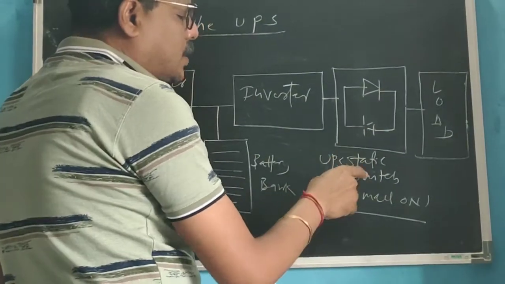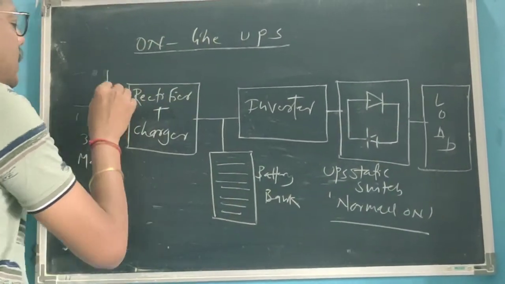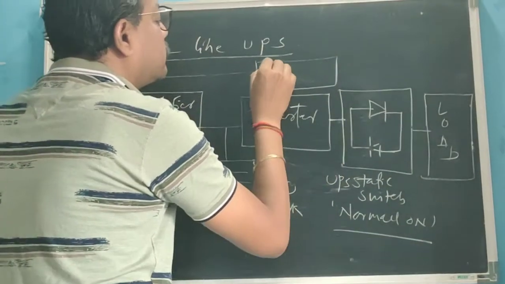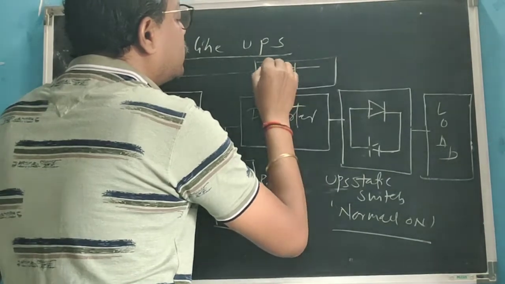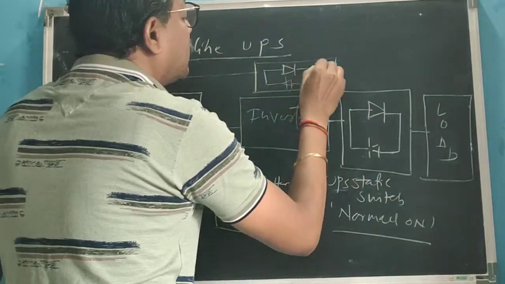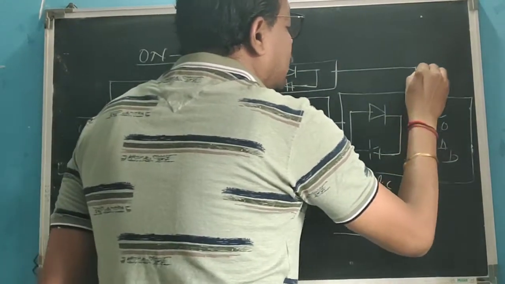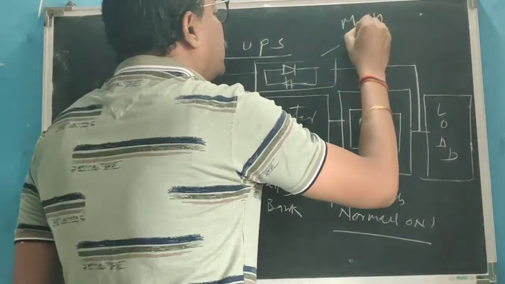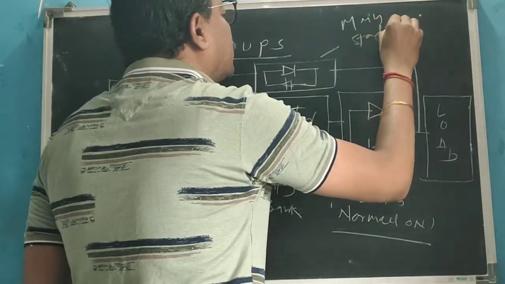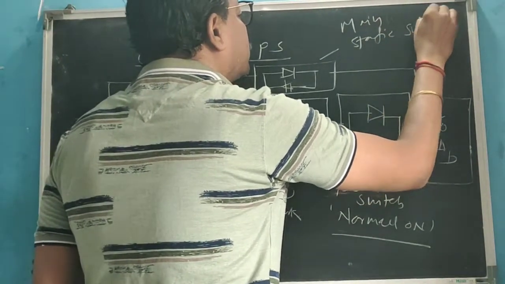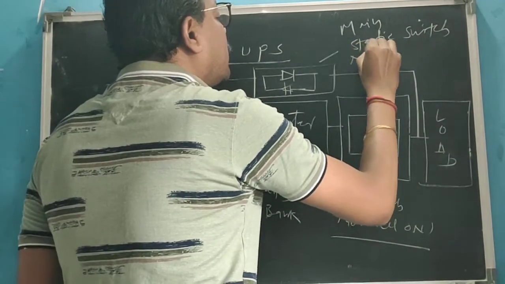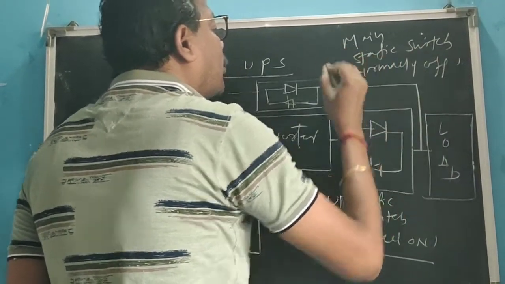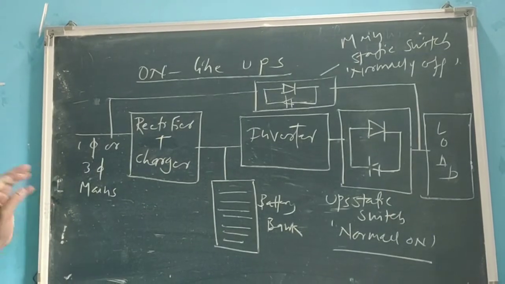This is the UPS static switch which is normally on, and another switch is also given, which is called the mains static switch, which is normally off. So this is your online UPS.